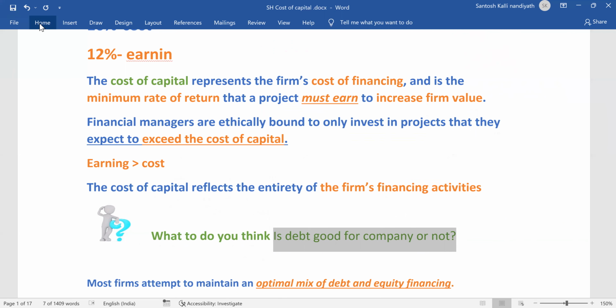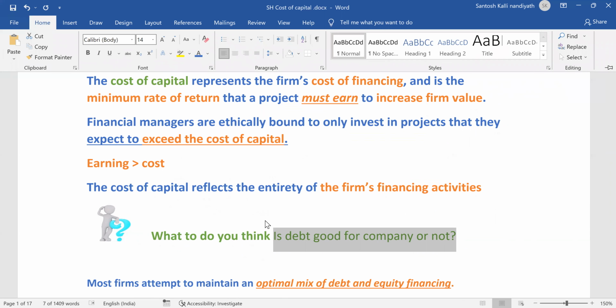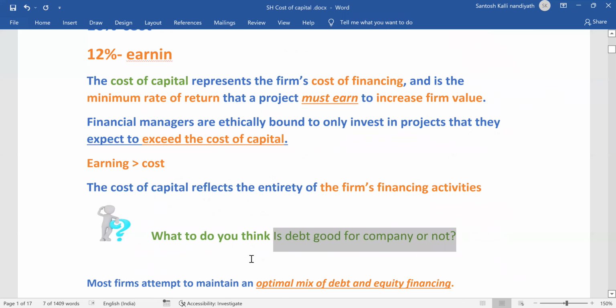Sometimes we feel that debt is not good for the company, but in a country where you need to pay taxes, and generally most countries have taxes, on income, whatever income you are earning, you need to pay tax. Correct. So in case of debt, we get tax benefit.